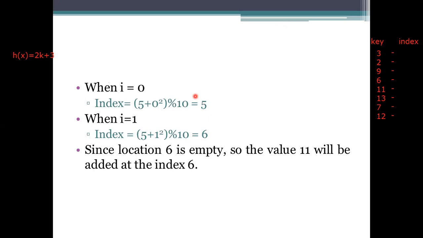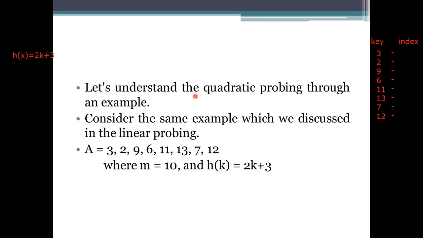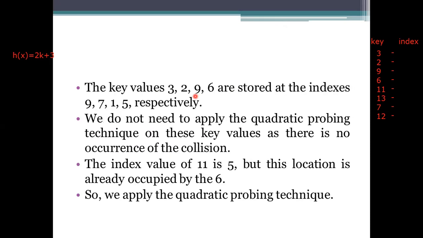The values 3, 2, 9 and 6 have been stored in the spaces 9, 7, 1 and 5 without any collision. So this is the 3, 9, 7, 1 and 5.